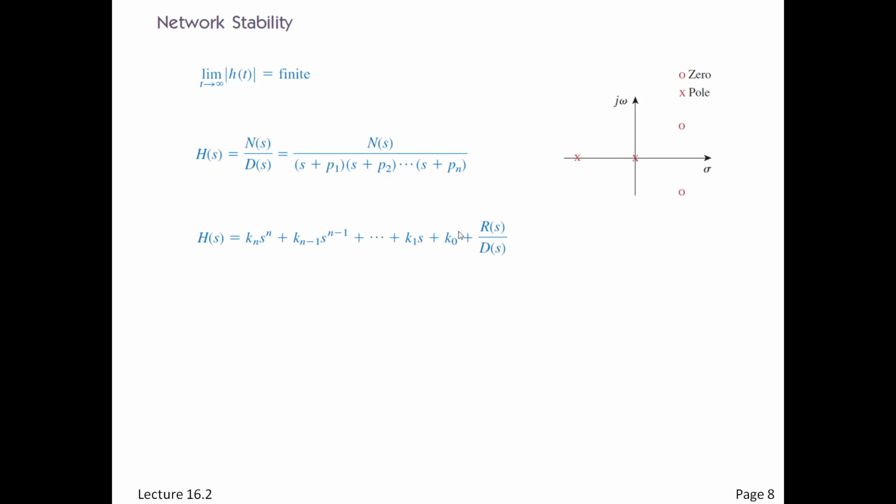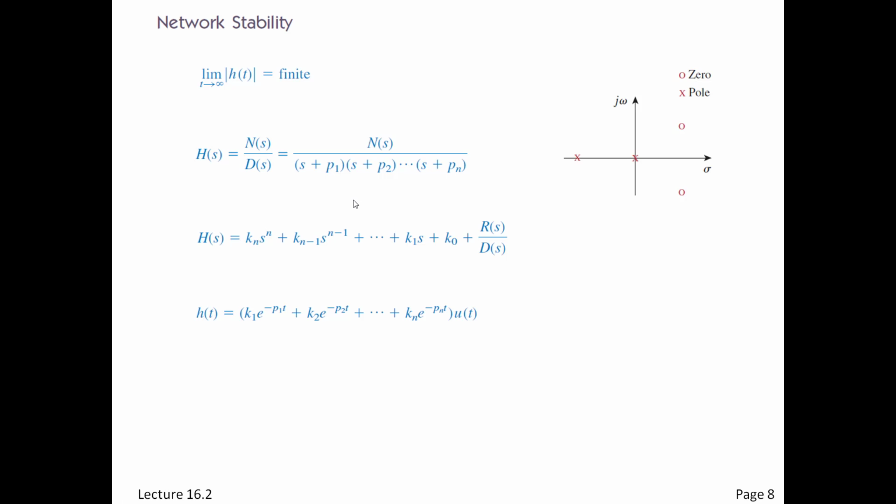Okay, the second thing that has to be true is that, here we've done the decomposition and now done the inverse Laplace, all of the poles must have real parts that are negative.